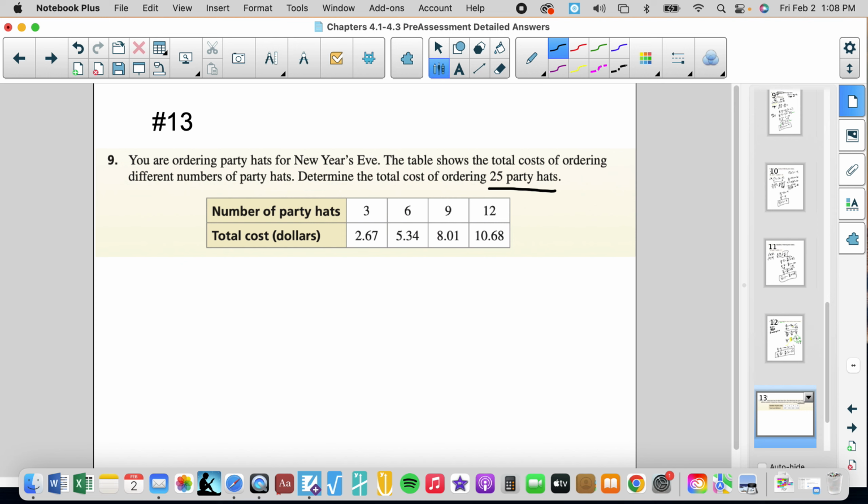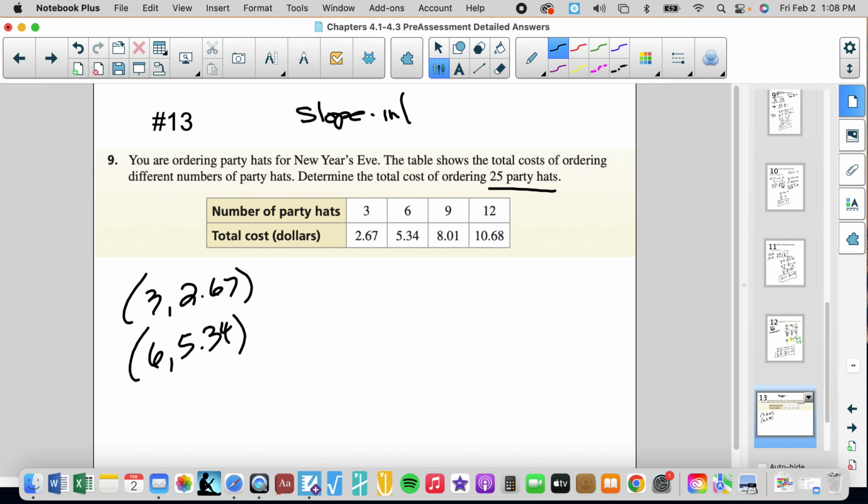So I'd much rather you write these as points and try to find the slope, either put it in slope-intercept form or utilize point-slope form. That's what we would want to do. You want to get better at this. You want to be well-versed at the tools that they're trying to teach you.